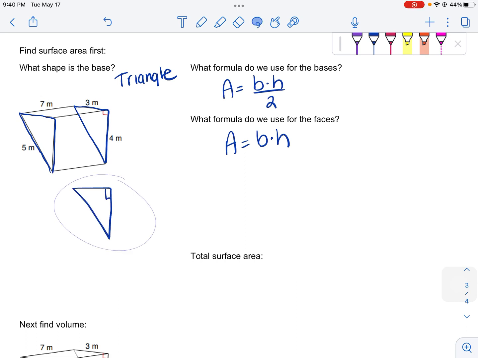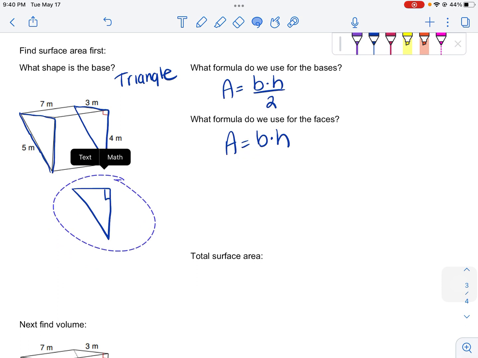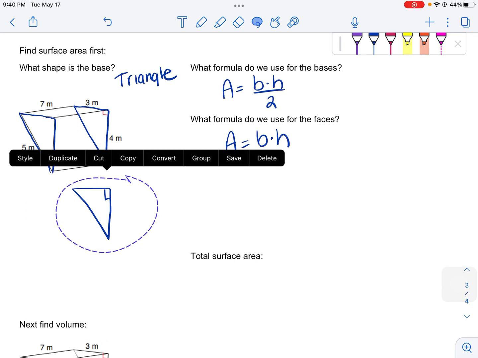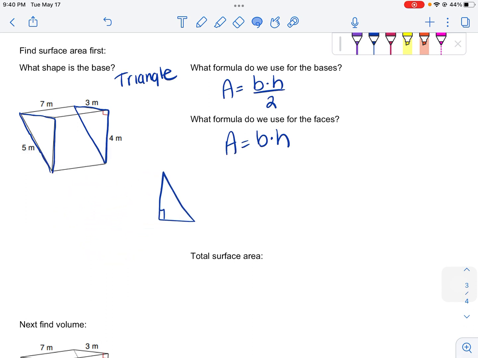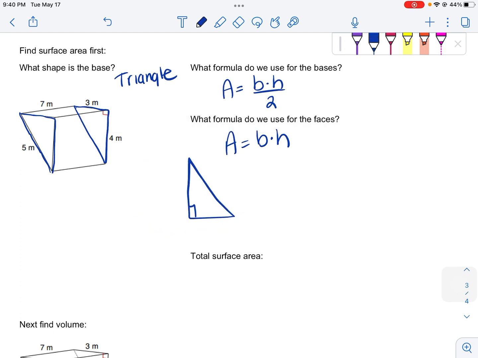But really, I want to flip that around. I want to be able to rotate it to show you that if I turn it, there we go, the 3 is actually the base and the 4 is the height.